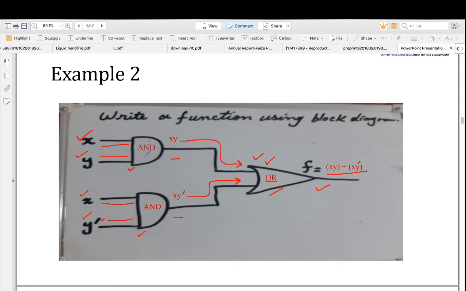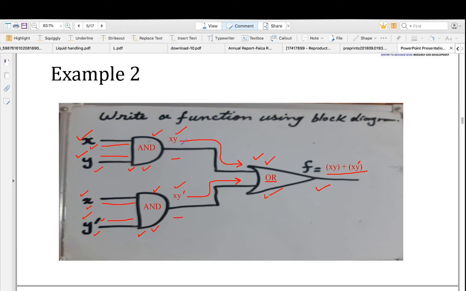Let's revise it once more. We are having 3 gates, 2 AND gates and 1 OR gate. Our AND gates were having 4 inputs. First was xy and second was xy dash. Because the work of an AND gate is to give the product, the output for this AND gate was x into y, and the output for this AND gate was x into y dash.